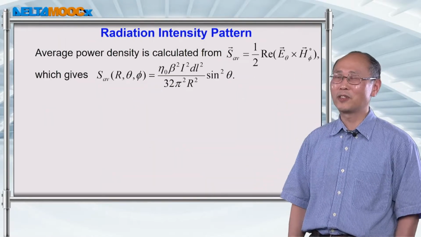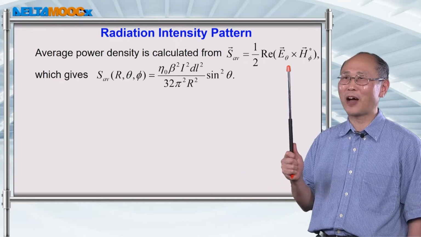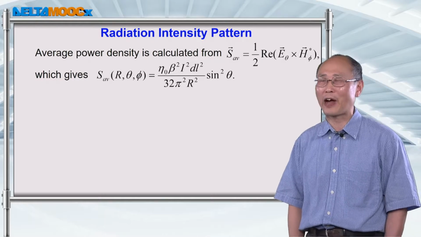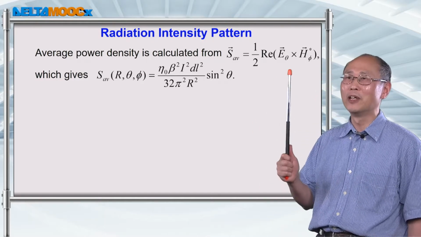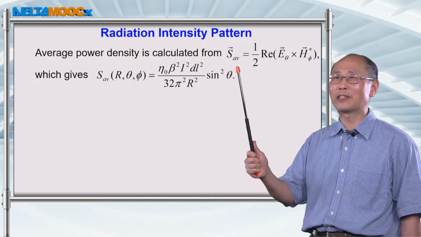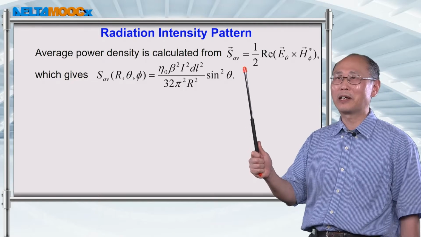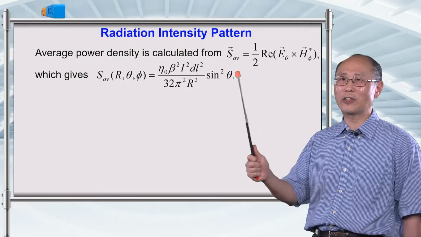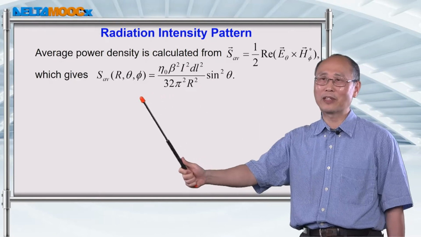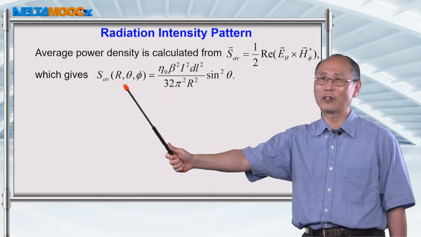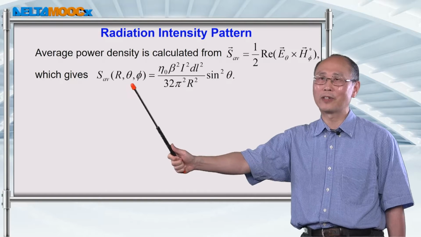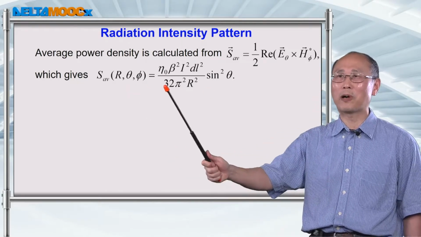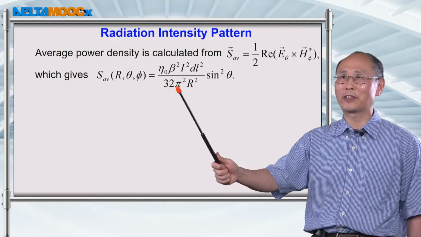On the last page, we have the far field expression for the theta component of electric field and also the phi component of the magnetic field. So we can calculate the average power density along the r direction. If you complete this calculation, you'll have this expression for the magnitude of the complex Poynting vector, which is the average power density along the r direction.